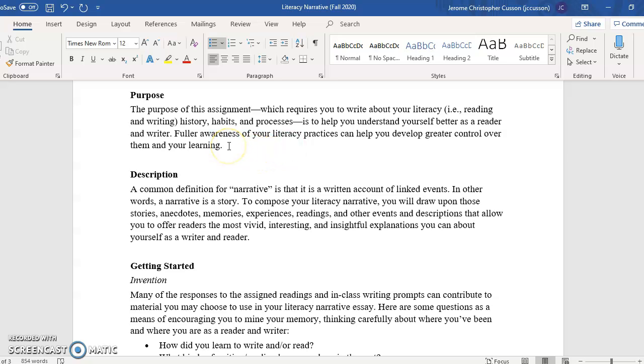By going through your past and discussing these things, you will develop a fuller awareness of your literacy practices, and this will help you develop control over them and your learning as you move forward. And part of what you're doing is thinking about those experiences and those people that have stuck with you, who have helped you in both positive and negative ways.